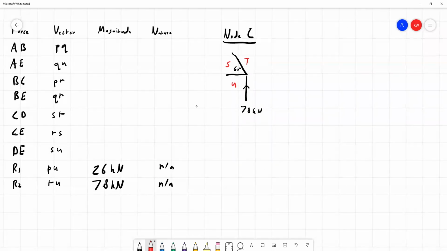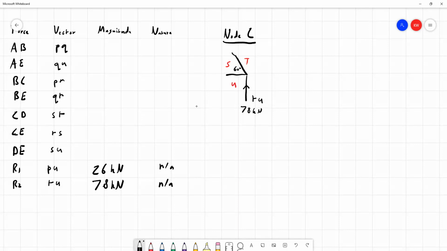And so we have to label our vectors according to the spaces on either side of them, with each one taking its name from the spaces on either side. Now, there's not a particular order we have to label our first vector in, but the order in which the others are labelled afterwards is important, and we'll see why. So let's start off by labelling the vector that we know about, the reactive force, and we'll label this TU.